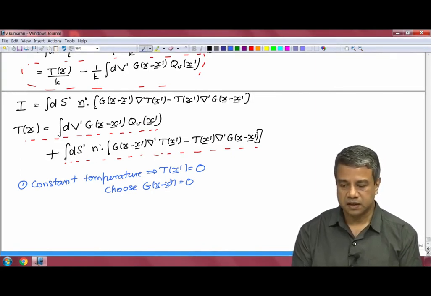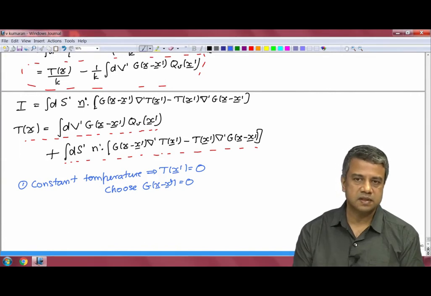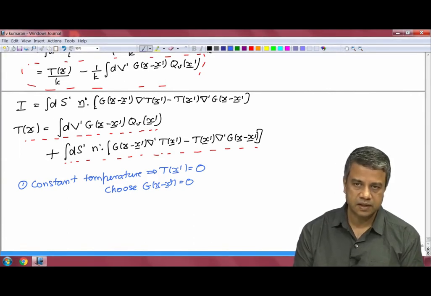So that the first term also becomes 0, and then you get the simple equation for the temperature field. That is what we had done for the case where you had a perfectly conducting wall. The temperature on the wall minus T infinity was identically equal to 0. Therefore, we had chosen the Green's function in such a way that that also had a 0 value at the wall.